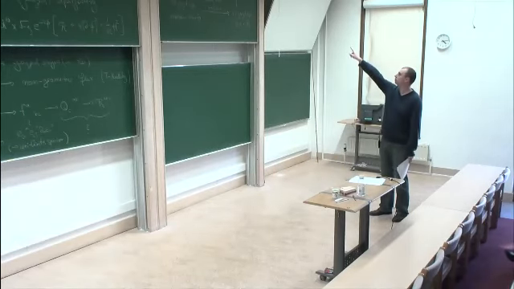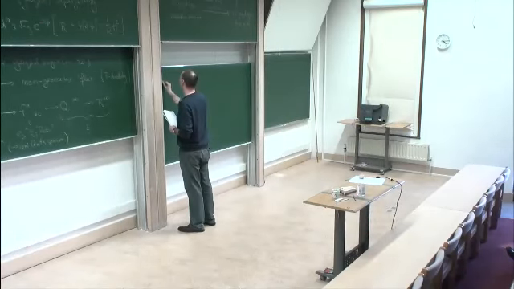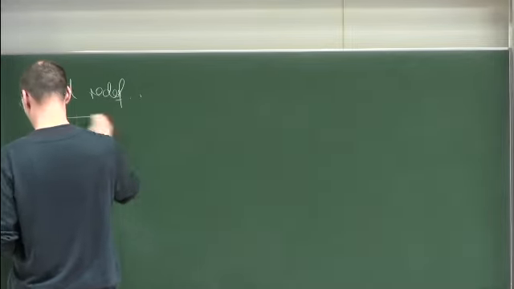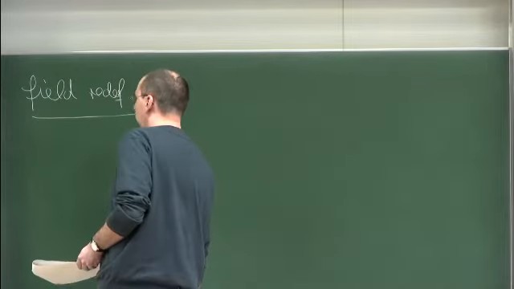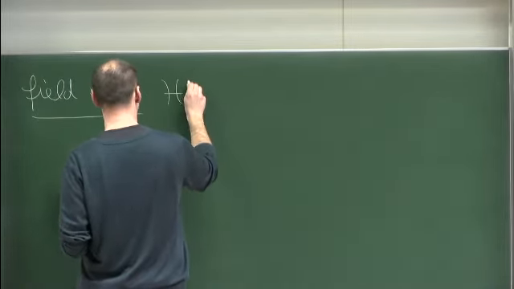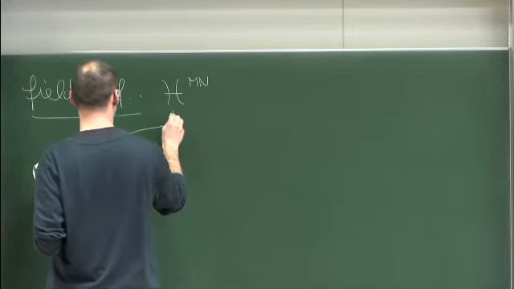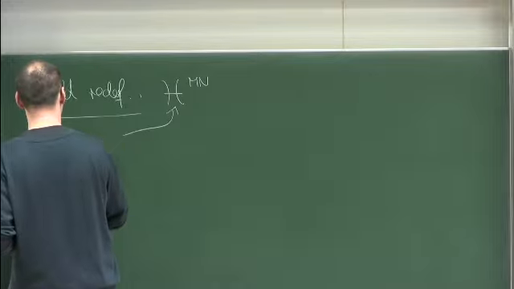So in 10 dimensions we can do this field redefinition, and this field redefinition takes the following form. So in order to characterize it, we write down an object H, which is called the generalized metric.